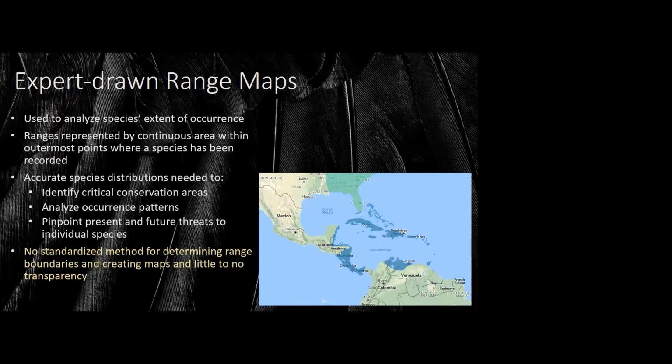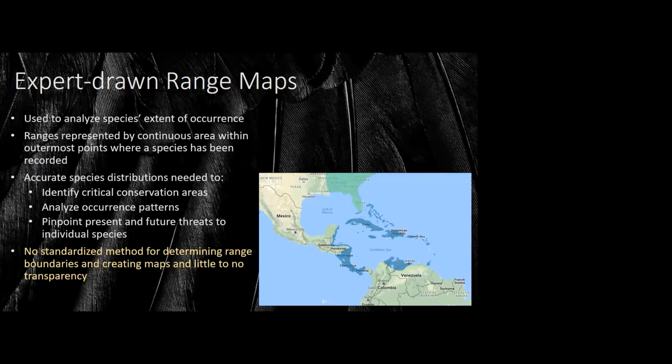Despite the importance of these maps, there's no standardized method for determining the range boundaries and creating the maps, and little to no transparency. When I was doing this research project, I contacted every major source and creator of these expert drawn range maps, and nobody wanted to discuss how they created the maps or how often they revisited their expert drawn range maps.